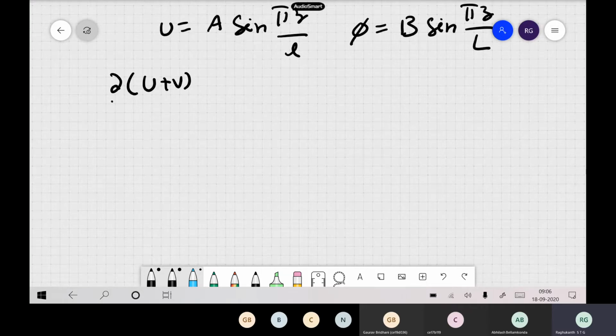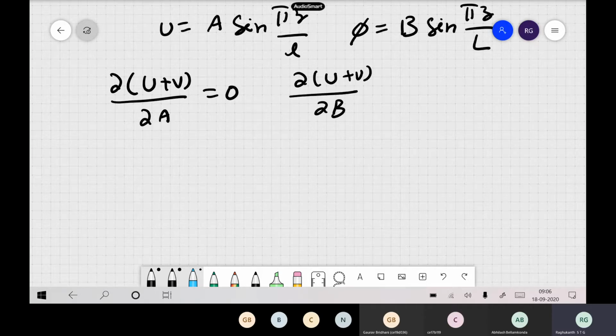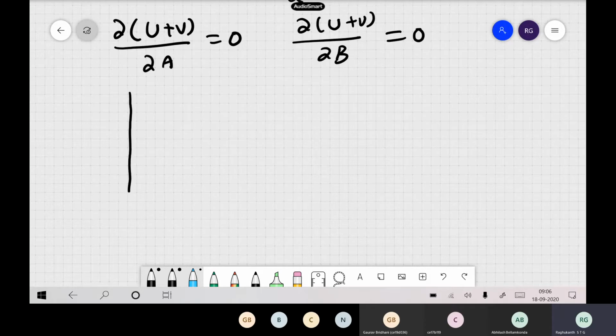So u plus v with respect to a is equal to 0, then u plus v with respect to b is also equal to 0. So you get the determinant of a matrix. This also we wrote in our last class.